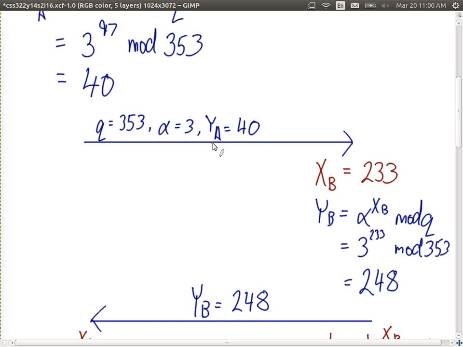But before this message gets to B, another user, let's say C, gets the message and changes YA to a value that they want. Forwards the message on to B. B thinks it comes from A. Okay, let's say the packet source address says it's from A. So B thinks they get YA, but in fact they get Y of the man in the middle.